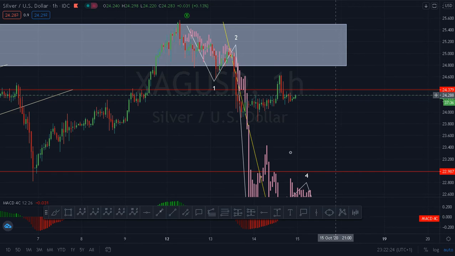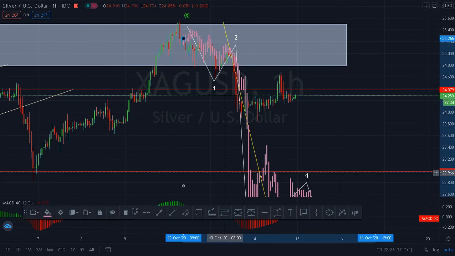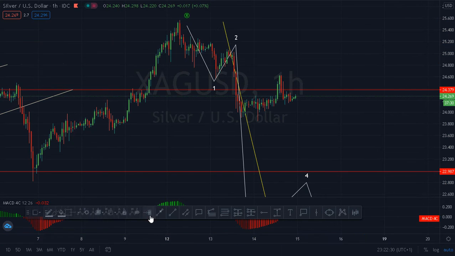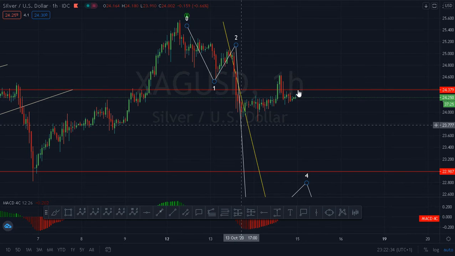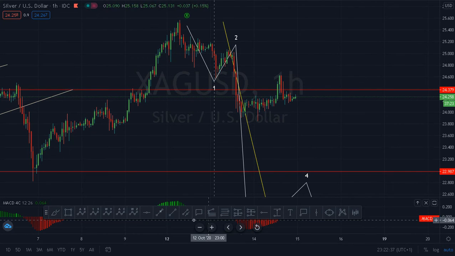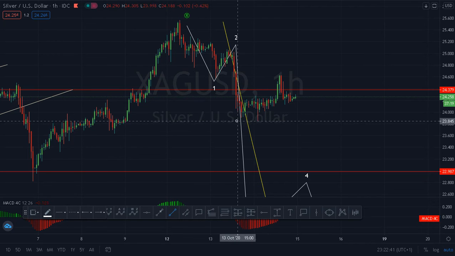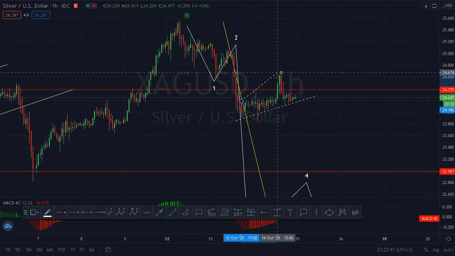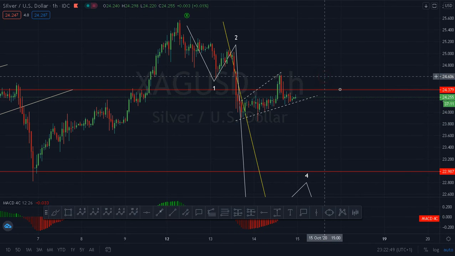The setup we have in silver is more interesting than the one we have on gold. On silver, I like this type of structure. I just like this type of structure.